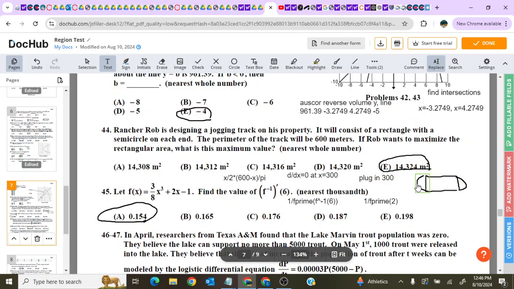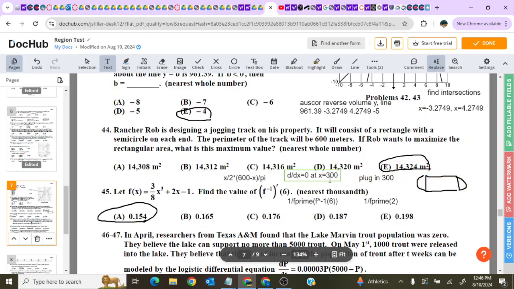Well, everything that's not being spent on these two sides is being spent on the semicircle perimeters. So what you do is 600 minus x is the amount being spent on that, because the entire perimeter is 600. And then you're converting the entire circle length down to the diameter, so you divide by pi to get the height of your rectangle.